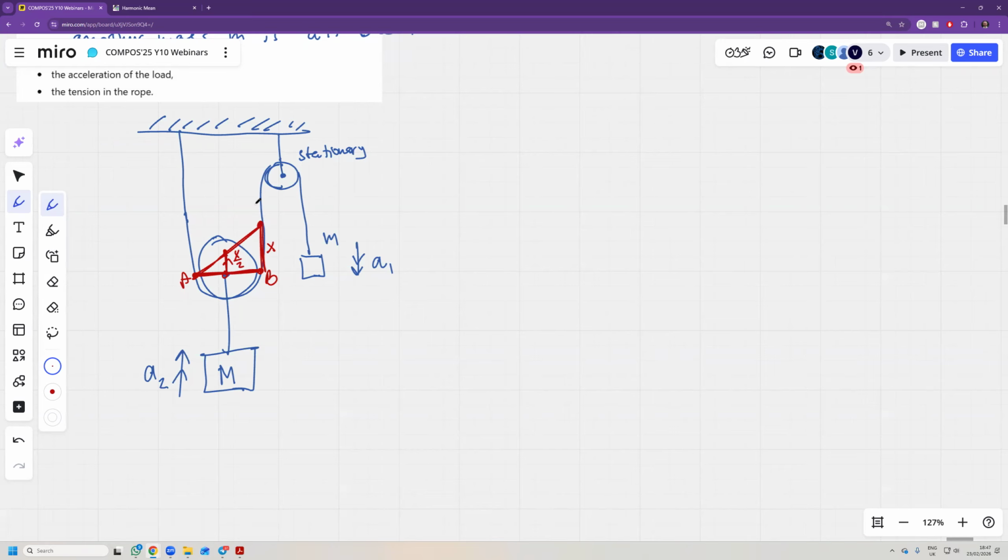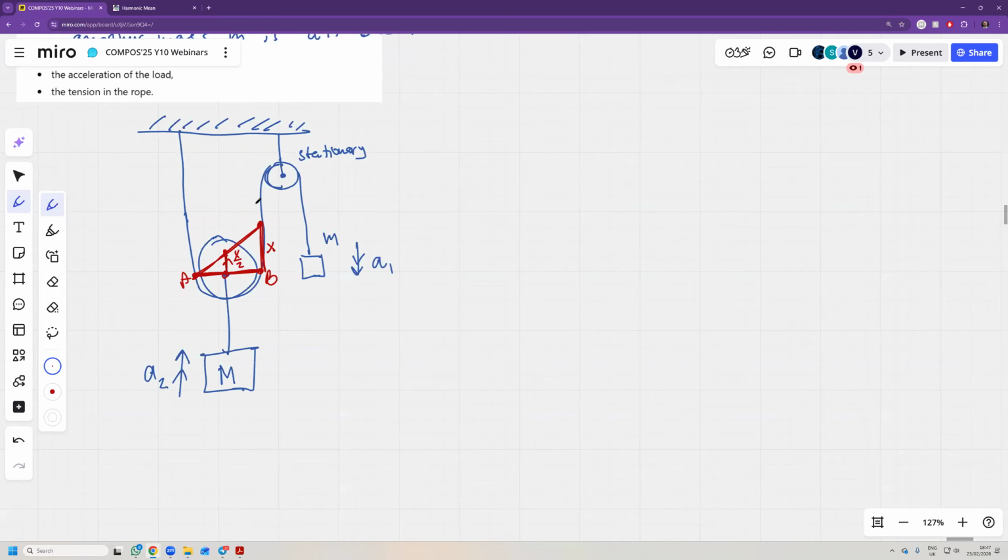So if this is my movable pulley here, and this is the rope, if I pull the rope by 10 centimeters up, the midpoint only raises by 5 centimeters.